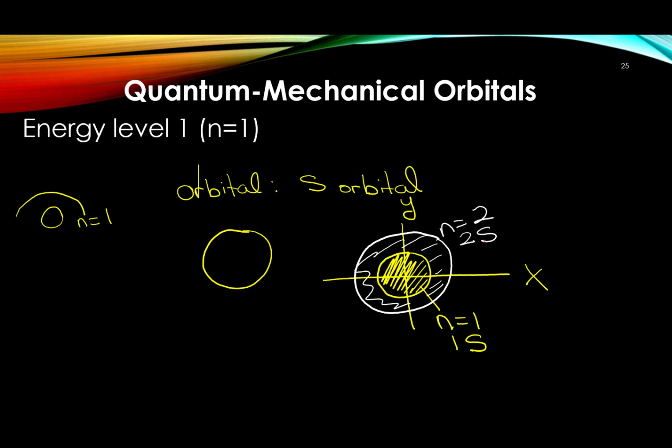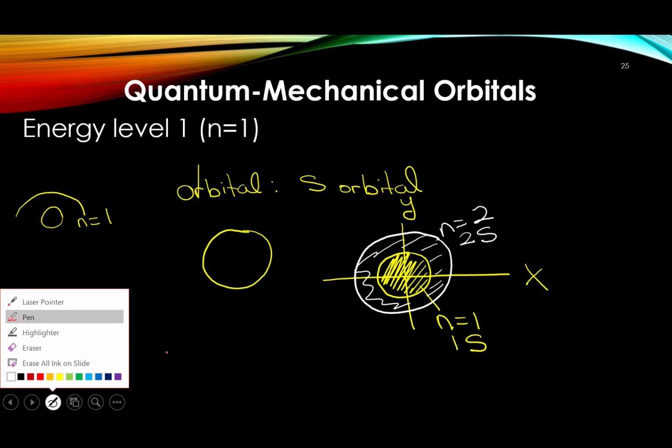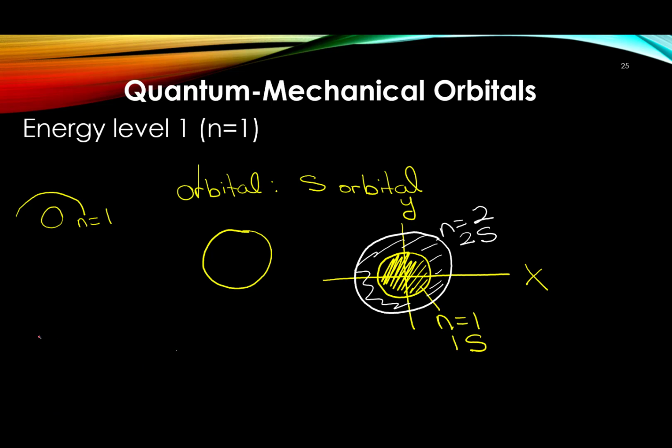Now, one other thing that I'm going to talk about is orbitals. How do we show orbitals? Some books show them like a little sphere. Some books show them like little squares or boxes.